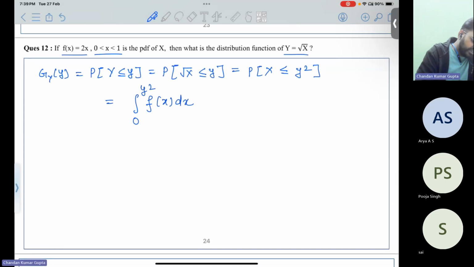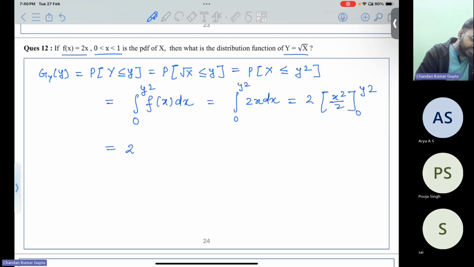Okay, so we are given f(x) equal to 2x. The integral from 0 to y square of 2x dx is equal to 2x square upon 2, from 0 to y square.